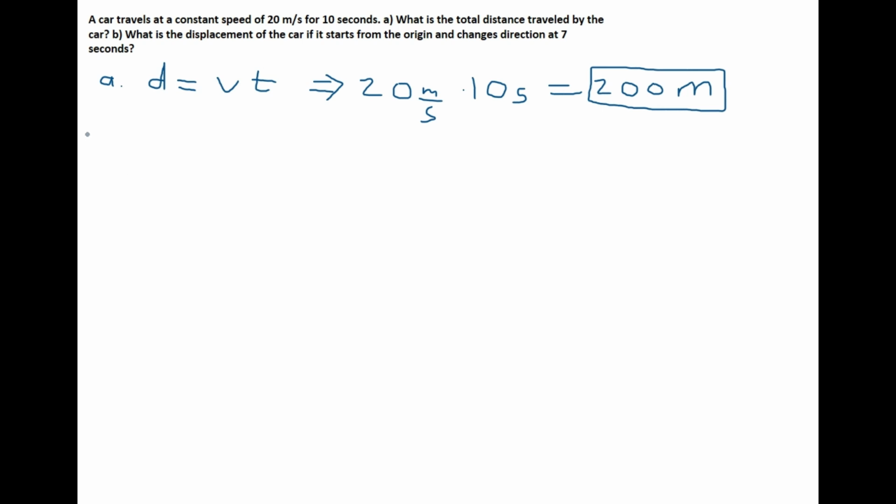Now for part B, we'll break this up into two sections. There'll be the distance traveled for the first 7 seconds, and we'll subtract the last 3 seconds since it switches directions. So we'll call it distance 1 for the first 7 seconds, equals v t1.